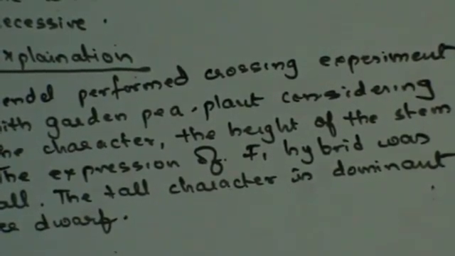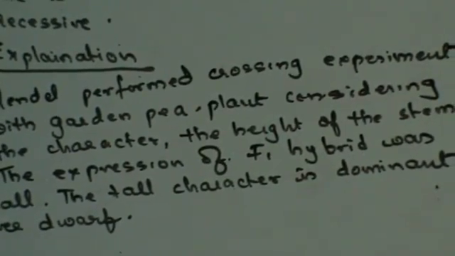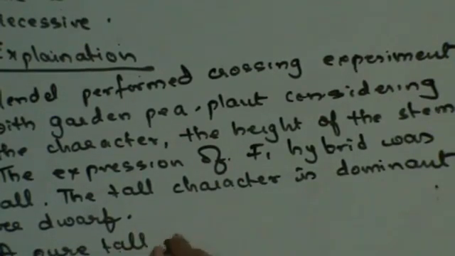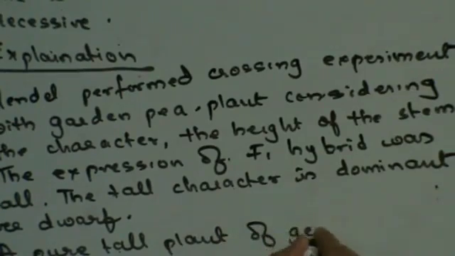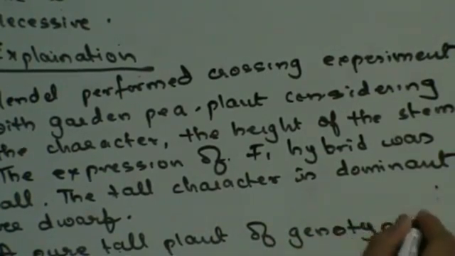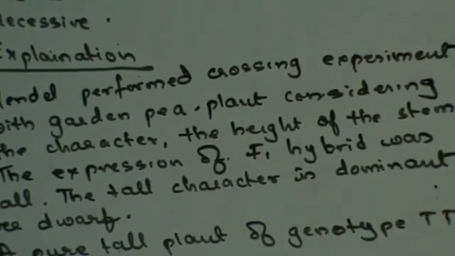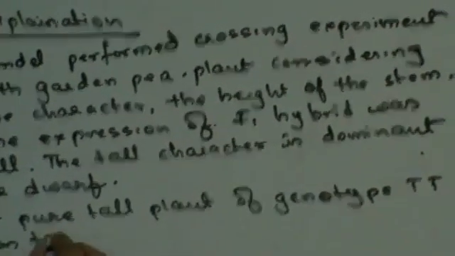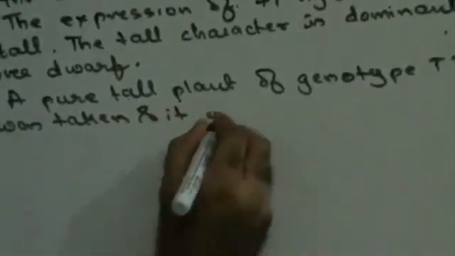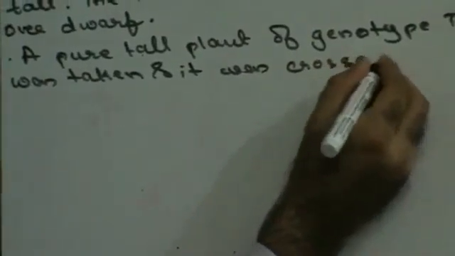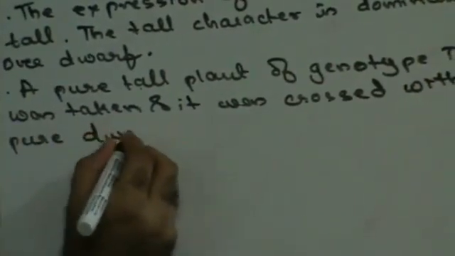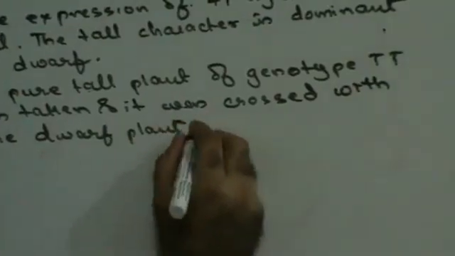Right? Now, what he did was a pure tall plant of genotype TT was taken and it was crossed with a pure dwarf plant, with tt.